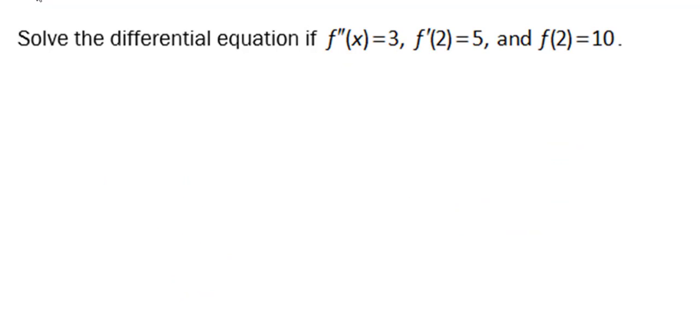Solve the differential equation. When they say solve the differential equation, they want the particular solution. Notice they give us f double prime, f prime, and a particular solution here, an initial condition. At the end of the problem, we need to have f of x equals some stuff.